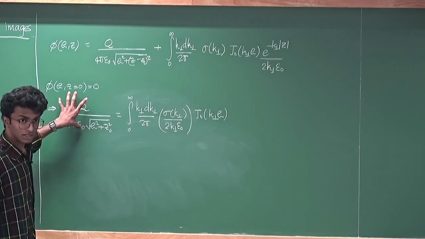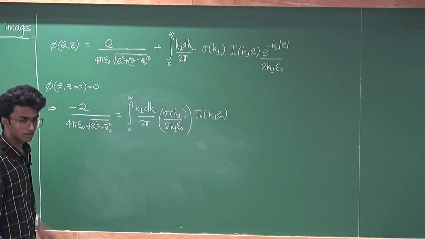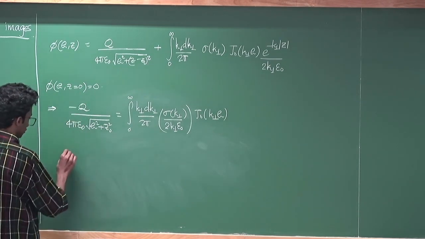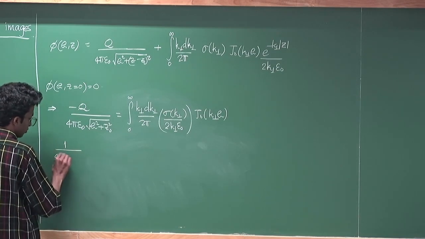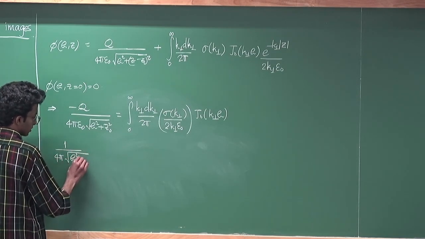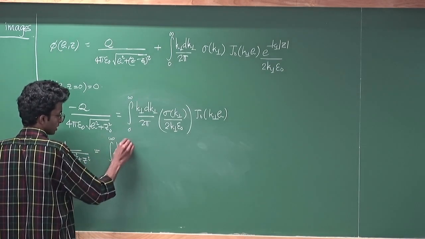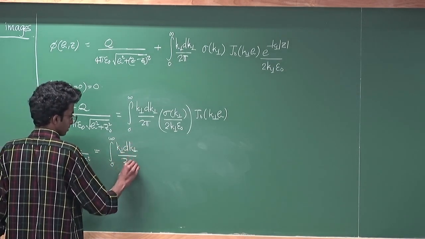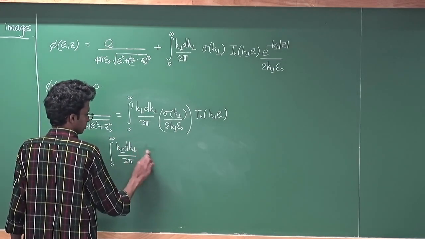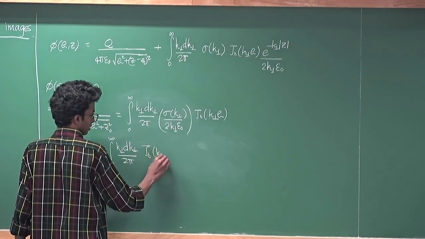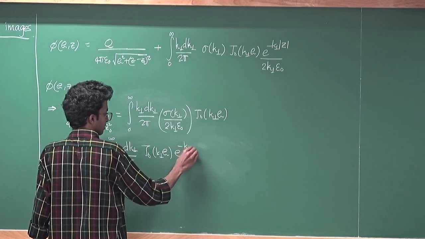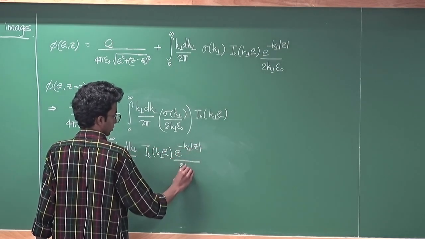is a particular integral representation of this Coulomb Green function, which if you remember is that 1 over 4 pi square root of rho squared plus z squared is equal to the integral from 0 to infinity of k perpendicular over 2 pi, J naught k perpendicular rho e to the minus k perpendicular mod z over 2k perpendicular.